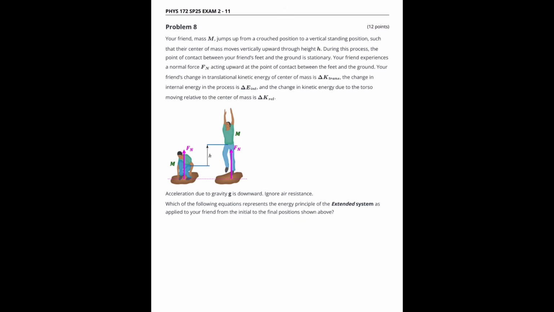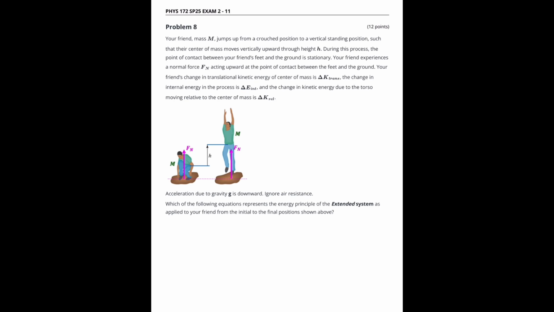Your friend of mass m jumps up from a crouched position to a vertical standing position such that the center of mass moves vertically upward through height h. During this process, the point of contact between your friend's feet and the ground is stationary. Your friend experiences a normal force Fn acting upward at the point of contact between the feet and the ground. Your friend's change in translational kinetic energy of the center of mass is delta K trans.